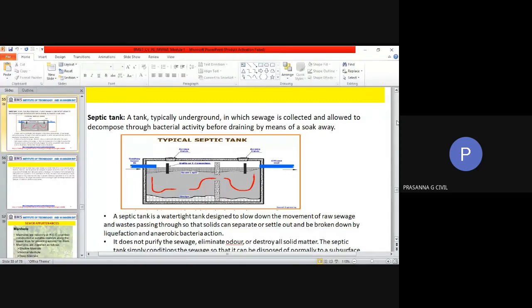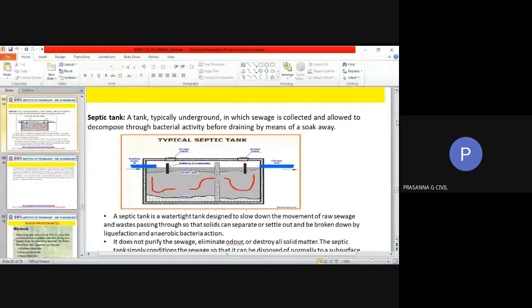So if it is a house, the number of people, the number of outlets like closets, wash basins, sinks, and if your washing machine waste drain is connected, all these facilities together, the number of points you have, along with the usage of water, will give you an approximate idea of how much wastewater there is, and then your tank has to be based on that.